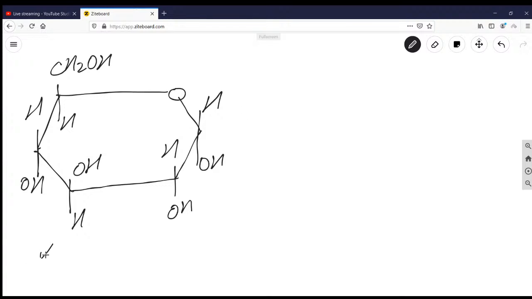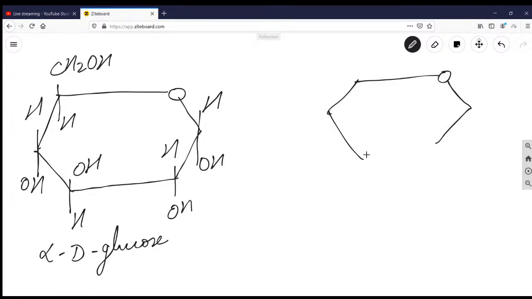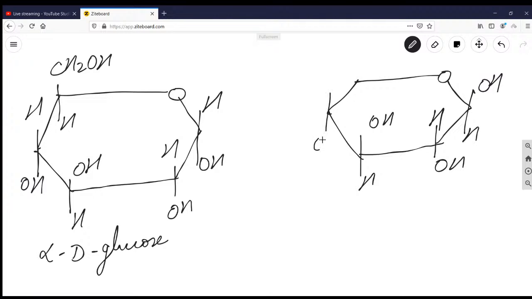This is your alpha D glucose. Now this is your simple one which I had shown you in the beginning, beta D. OH, H, H, OH. This side H downward, rest again H upward, again H downward, CH2OH. This is beta D glucose.